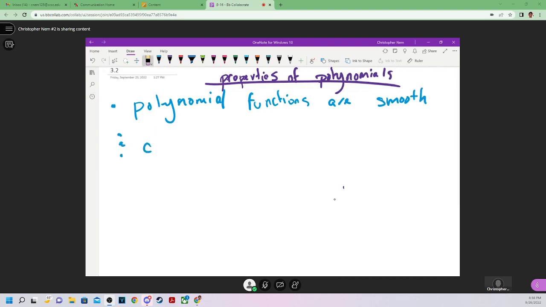I'm going to actually write continuous out. Now, you don't really understand what the words smooth and continuous mean for polynomial functions until you reach calculus, maybe Calc 1 or Calc 2, but we are going to understand them intuitively. I am not going to give you a formal definition of what it means to be smooth and continuous. That's a bit too much.